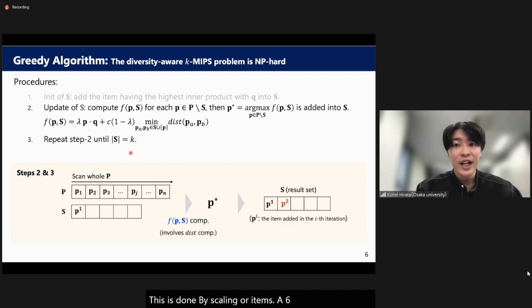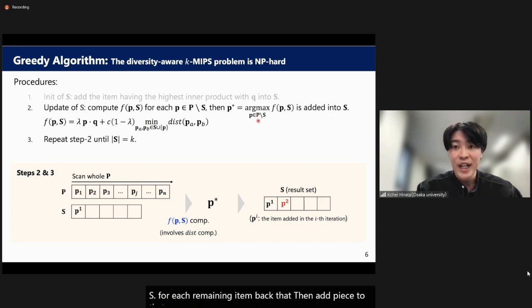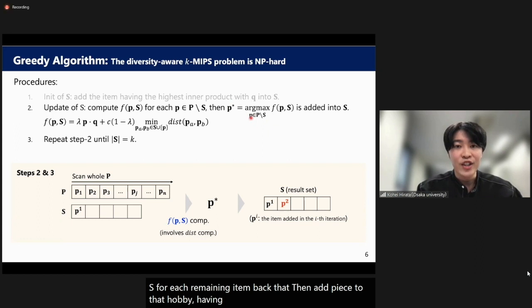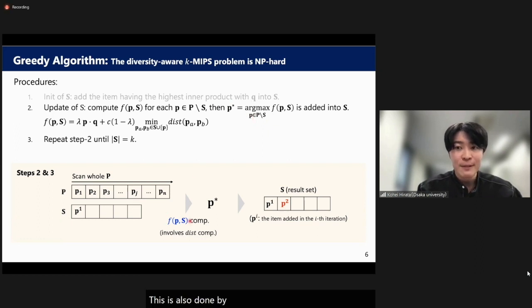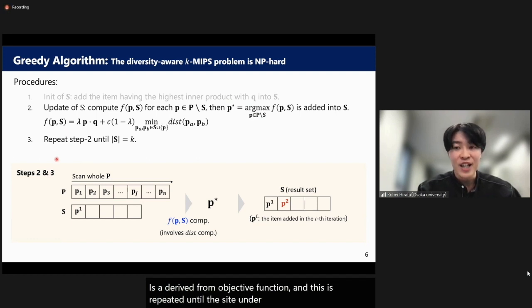Second, it computes the score of F for each remaining item vector, then adds p star having the largest score into S. This is also done by scanning all items. The score is derived from the objective function, and this is repeated until the size of S becomes K.